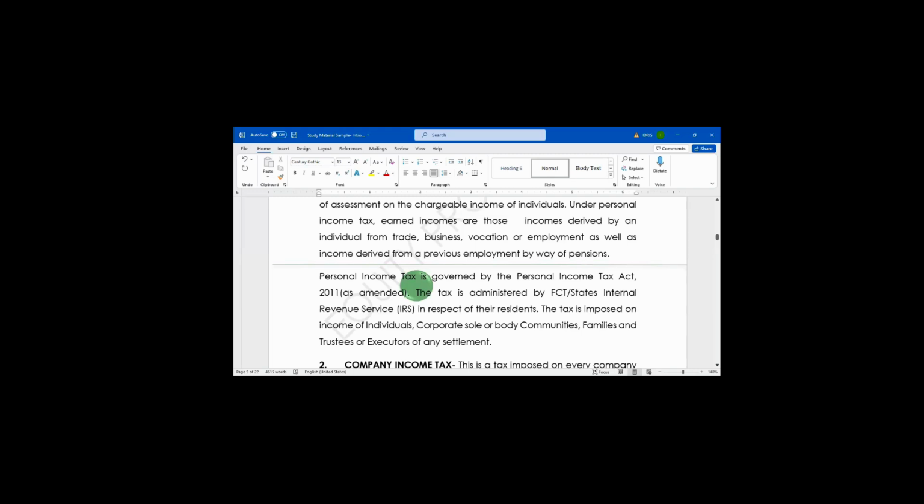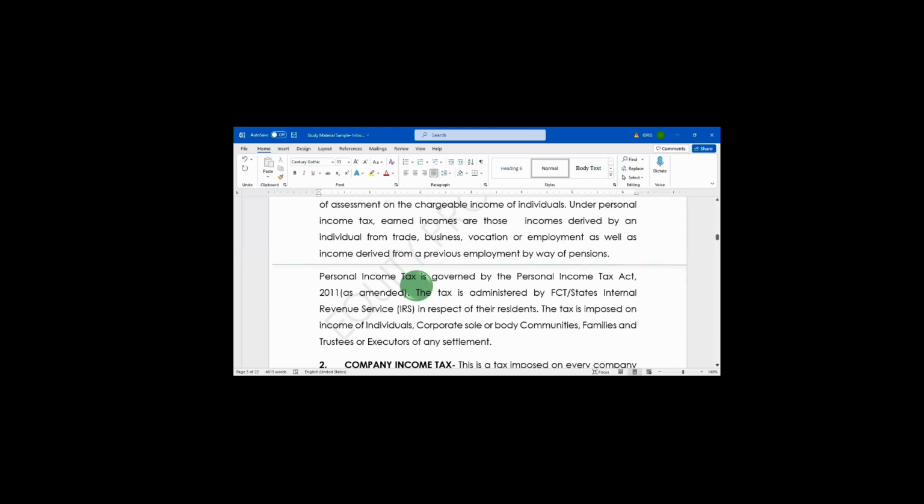The list of taxpayers that pay personal income tax are employee, individual, sole proprietorship, partnership, community, trustee. Those are the taxable persons under personal income tax, and they impose it on income derived by them.